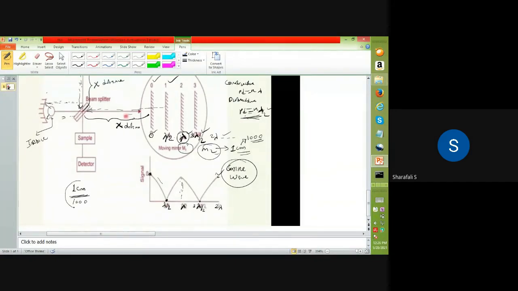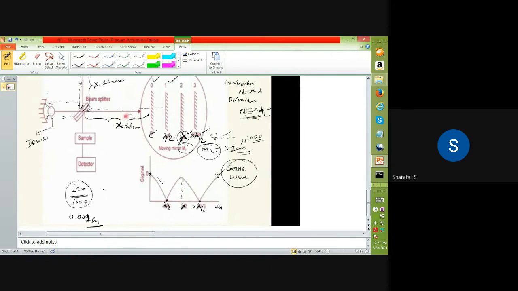So this much it will move in each of these steps, which is 0.001 centimeter. Like that it will move.